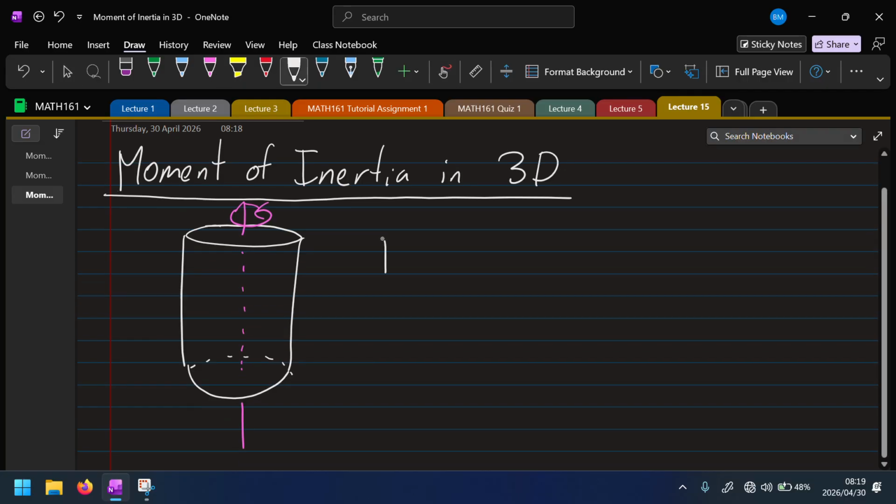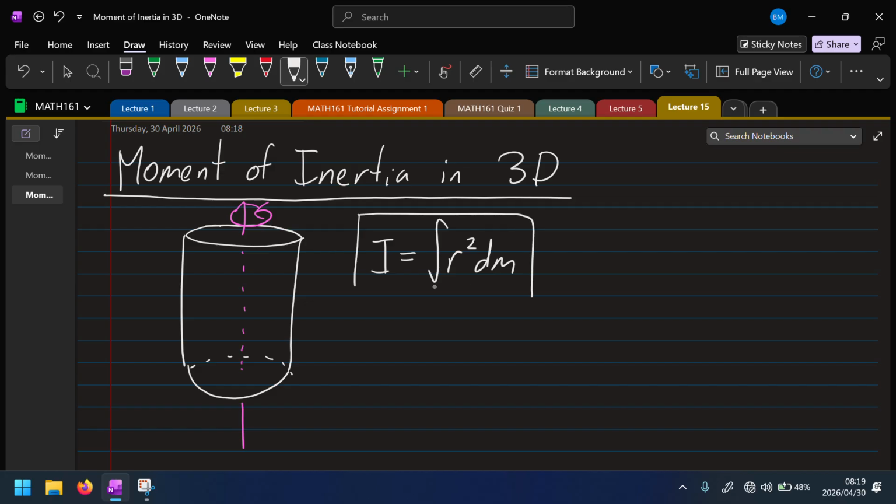So we have our formula from before, and we want to rewrite this formula for these cases, like we did for the 1D case, the 2D case, and now for the 3D case.